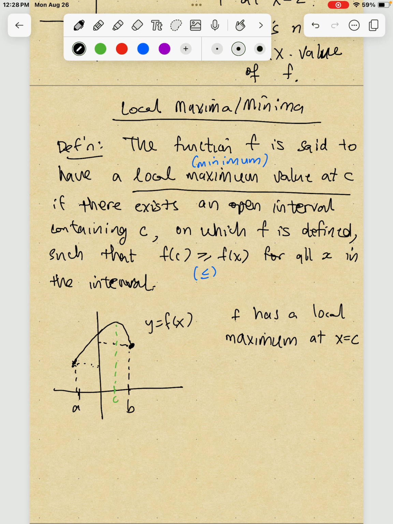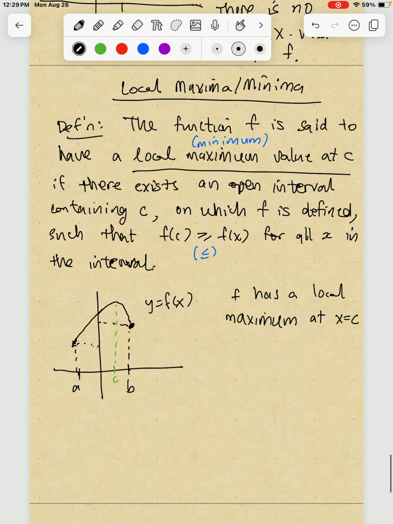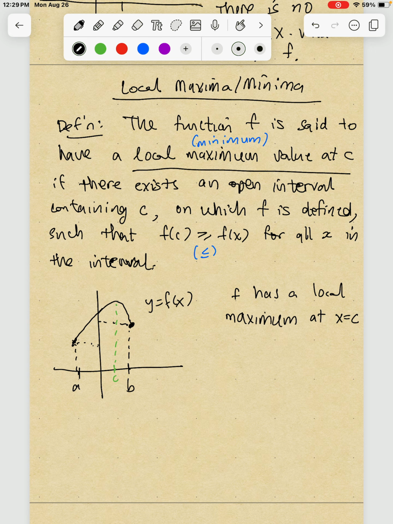Because if you look at the definition, it says that there's a local maximum if there is an open interval containing c on which f is defined such that f of c is greater than or equal to f of x for all x in the interval.